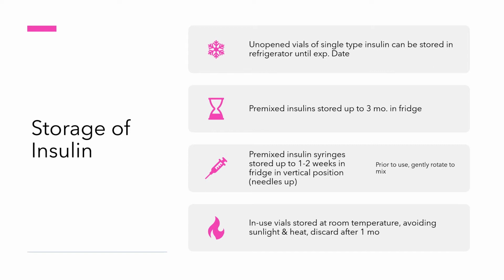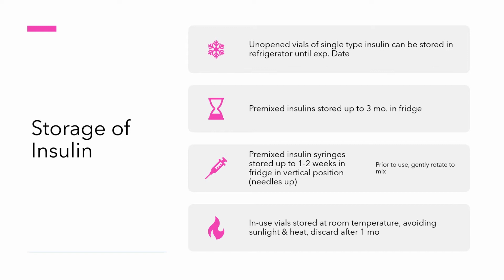Storage of insulin. Unopened vials of single type insulins can be stored in a refrigerator until the expiration date. What it means here by single type insulin is that it's not a combination. So sometimes we'll have an insulin that's like a 70-30. This 70 and 30 means 70% of this mixture is one type of insulin and 30% is another type of insulin.